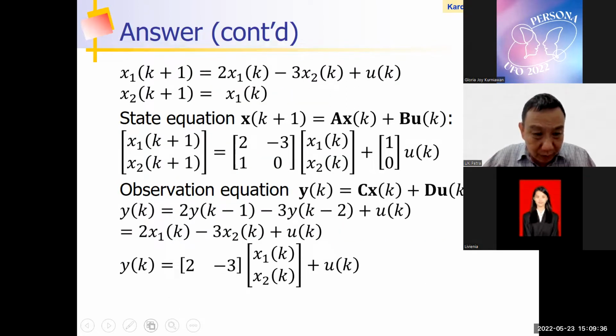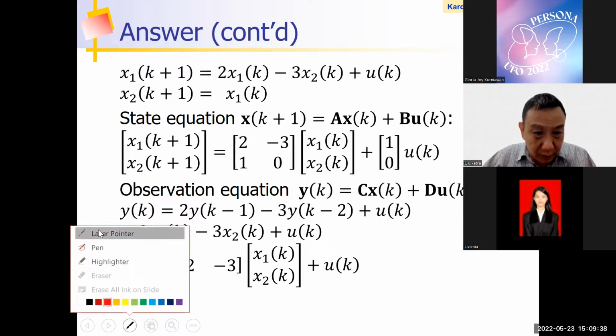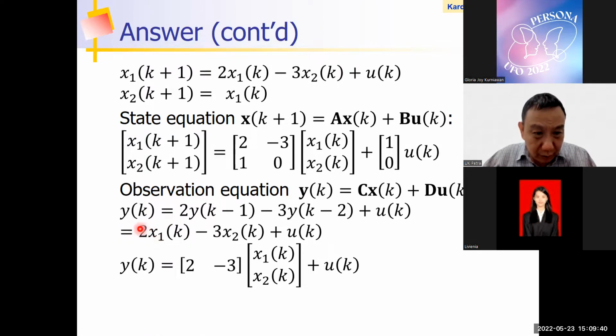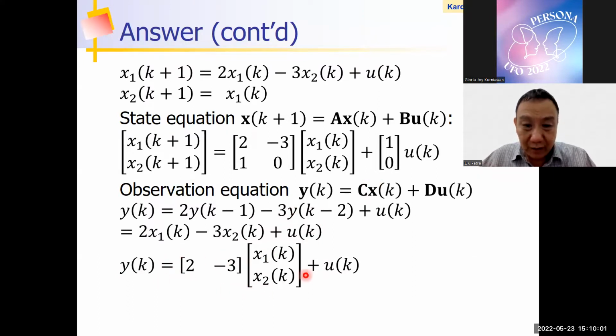This is 2x1 minus 3x2, so that means x1 and x2 here. So 2 and minus 3, right? U is by itself, so I just put U here. So this is the form of yk equals C times x. What is C in here? 2, minus 3. D is 1. Is this clear or not?